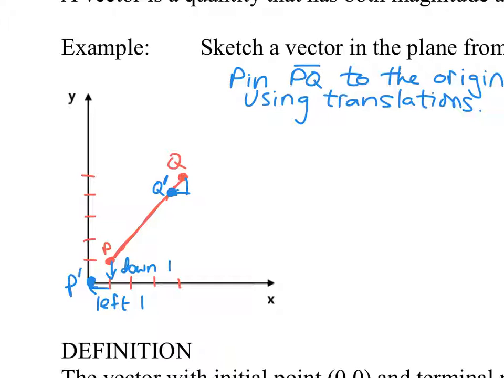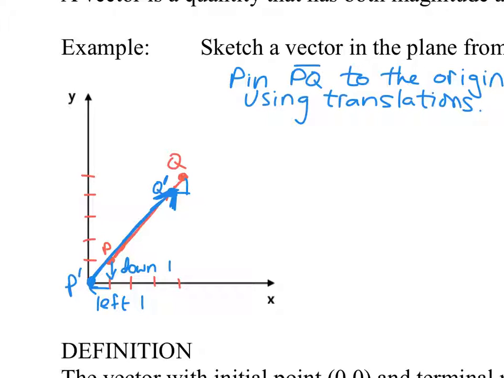All right. The line segment connecting PQ is the vector PQ. All right. No matter where it is in space, that new line segment is the vector. All right. Always having its tail pinned at the origin.